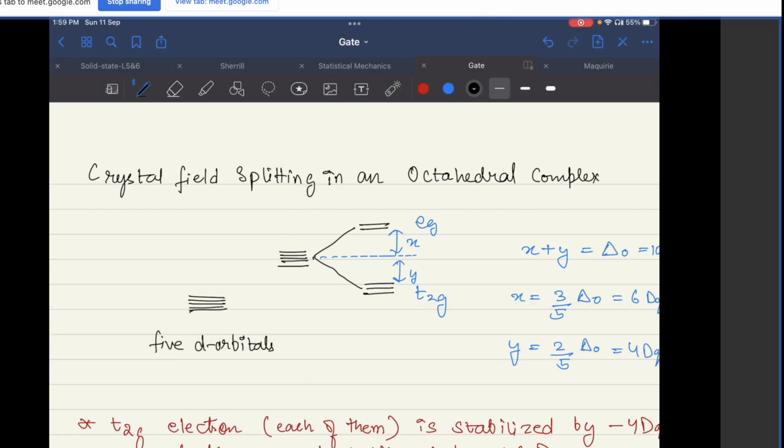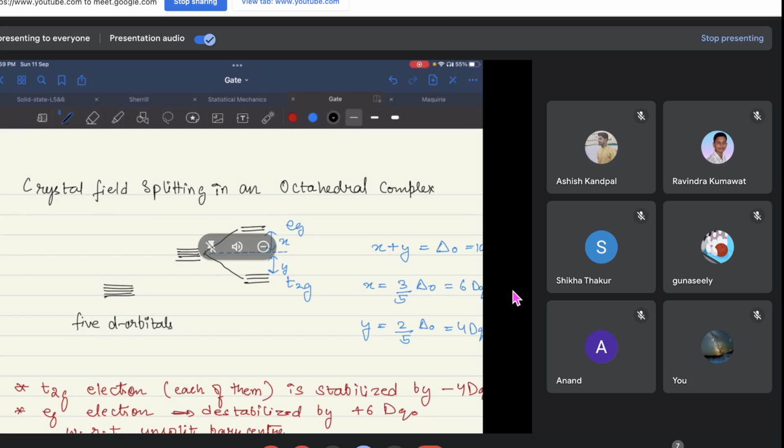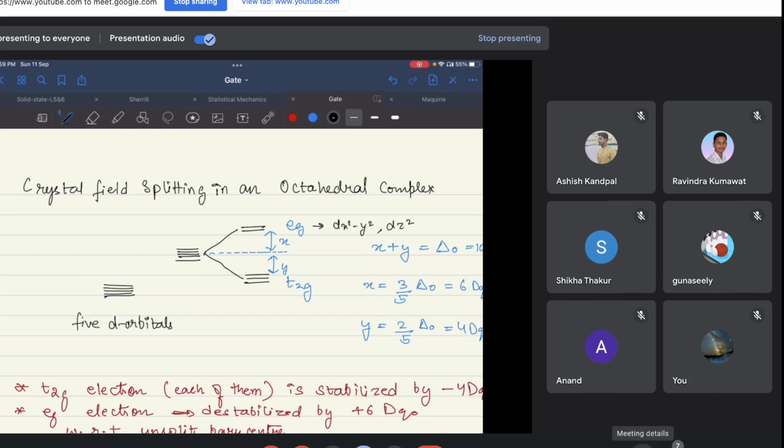We know that the orbitals dx square minus y square and dz square are oriented along the axes, and the other orbitals, which are dxy, dyz and dzx, remain in between the axes.